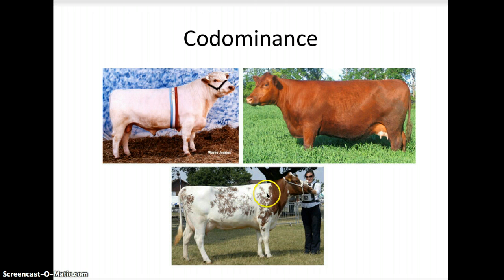Kidding. You end up with this result of a roan. It's called R-O-A-N. It's a roan where both the red-brown color and the white color are showing up. It's not a blend, it's not tan, but both of them are being expressed.